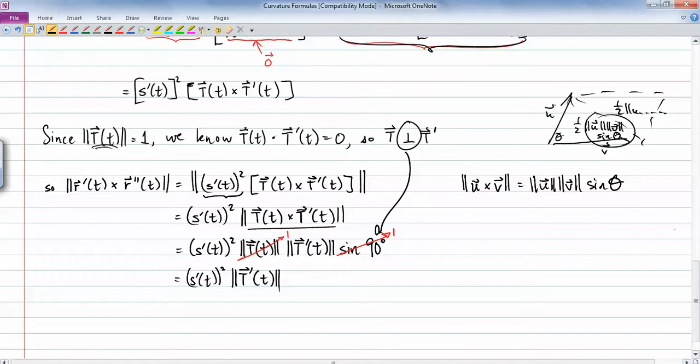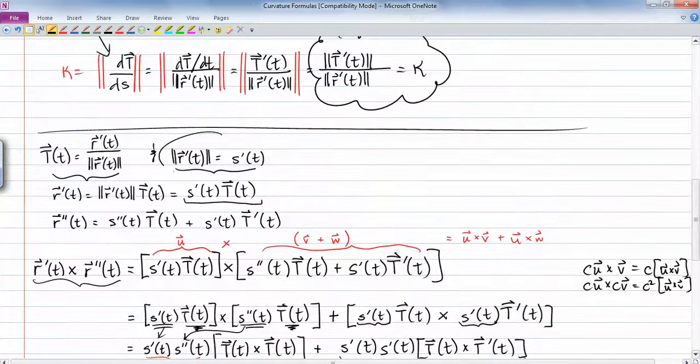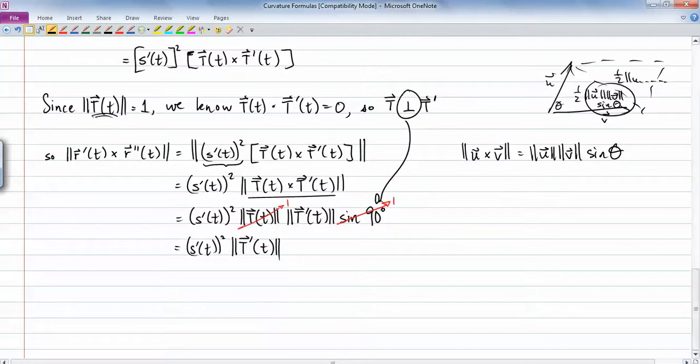Well, s'(t), remember, is the magnitude of r'(t). So this thing turns into the magnitude of r'(t) squared times the magnitude of T'(t). So that's this.